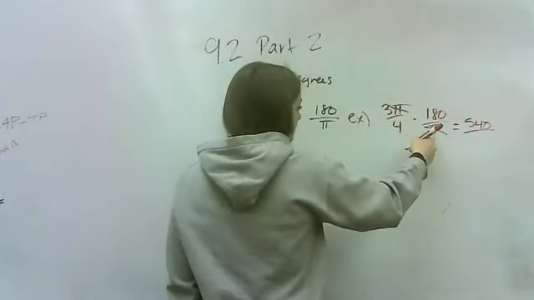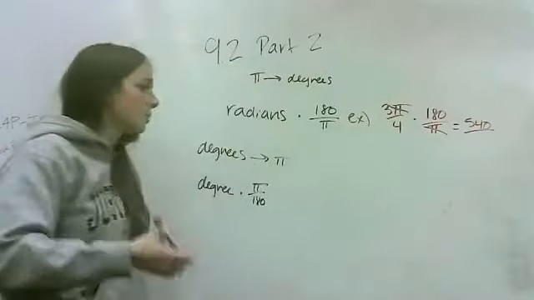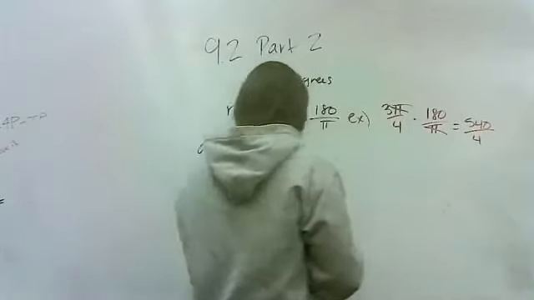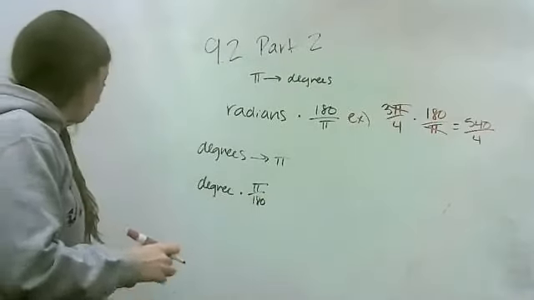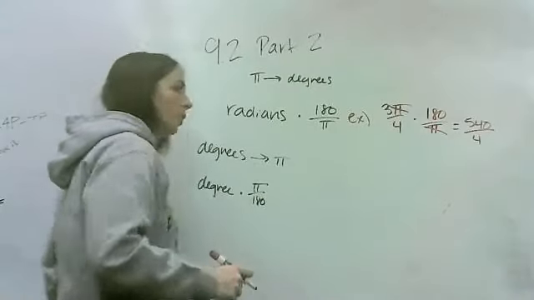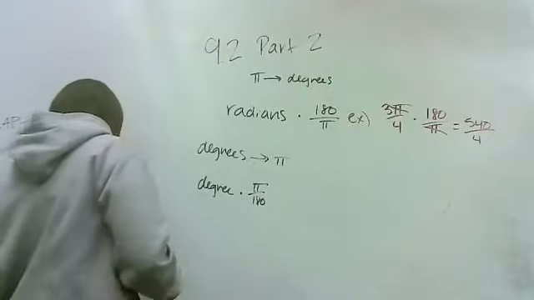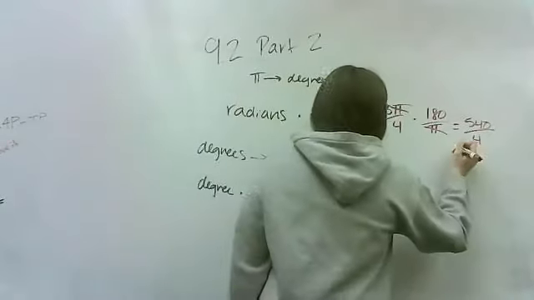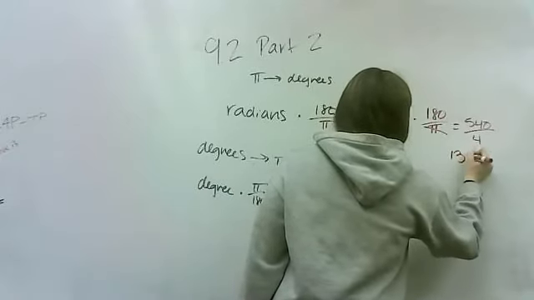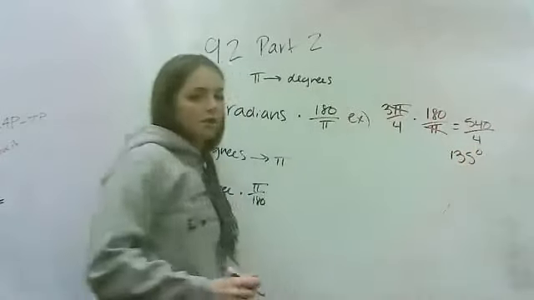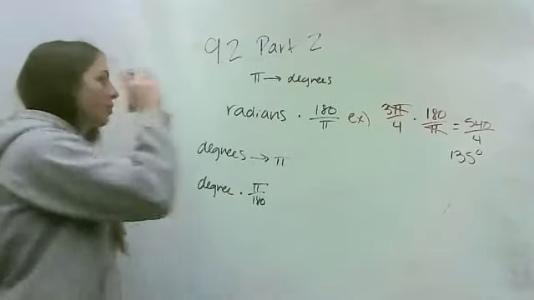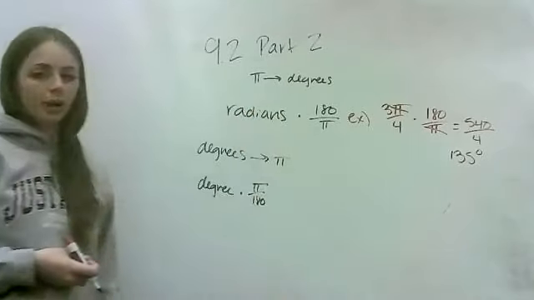And then 4 times 1, since everything's canceled over here. So 540 over 4. It's a little late, so I'm not doing math in my head right now. We end up with 540 divided by 4, which is going to give us 135 as a degree measure. That would be the representation of 3 pi over 4 as a degree.